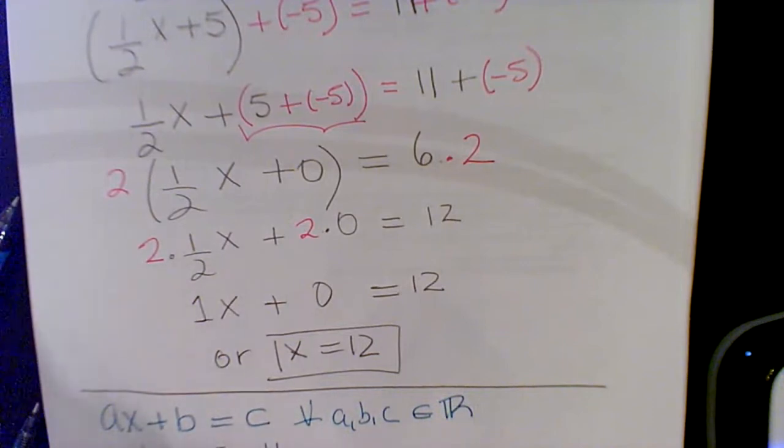This is the same as 5 plus 1/2 x equal to 11. As this one. What did we apply here? The commutative property. Okay?